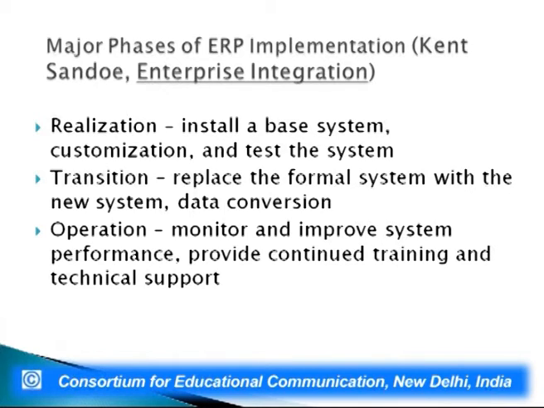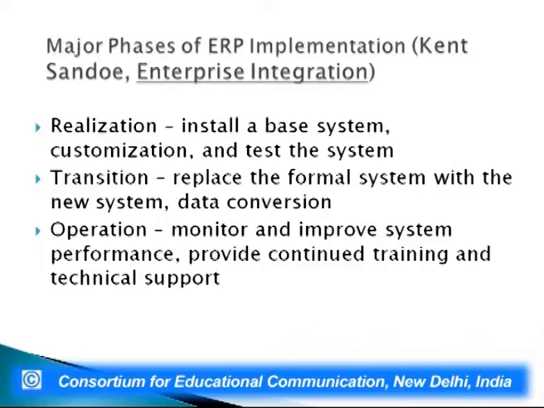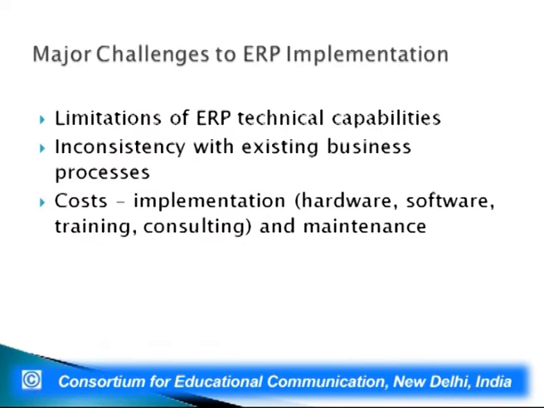So, what we have discussed till now is about the major phases of ERP implementation of a particular organization, how this integrated system is required, and what the major points are that need to be covered when you are implementing an ERP system in an organization, especially the different divisions like the transitions, operations and so on.